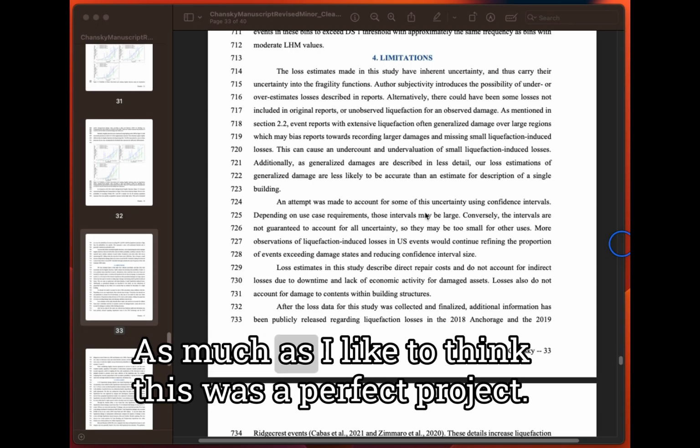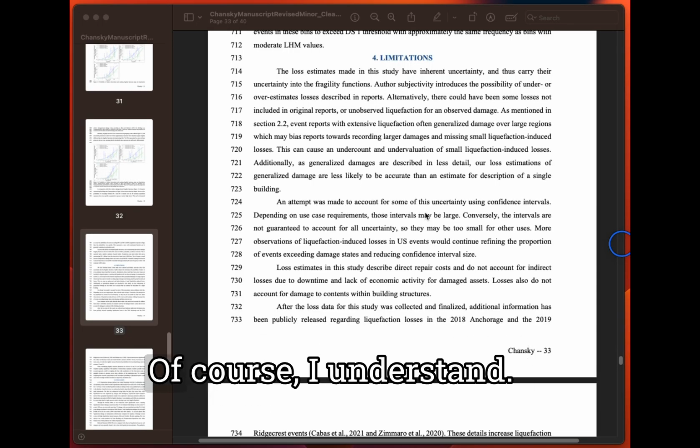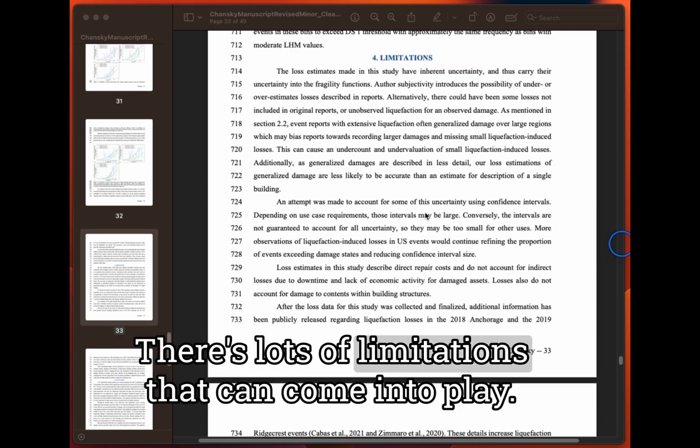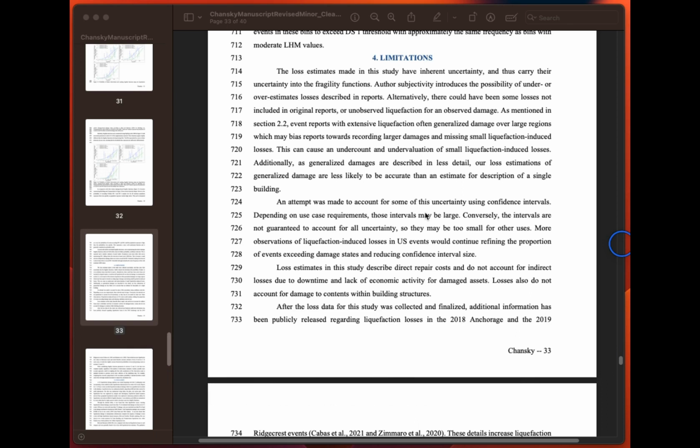Finding things we could have done differently was a little disheartening at first, but I found myself really enjoying the process as a way to help others with liquefaction and fragility functions in the future. As much as I like to think this was a perfect project, of course I understand there's lots of limitations that can come into play.